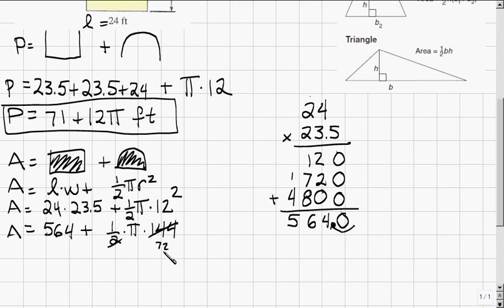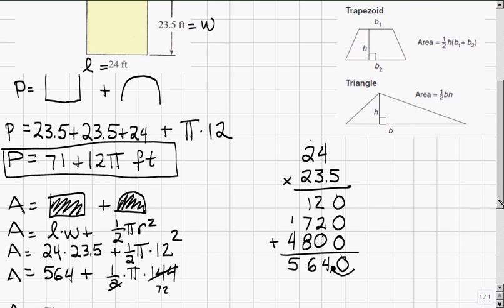And we'll write this number in front of the pi symbol. So our area is 564 plus 72 pi. Again, we'll leave our answer in terms of pi's, so this is an acceptable answer. If we used 3.14, we could multiply and add up for some decimal equivalent, but we'll leave it this way.